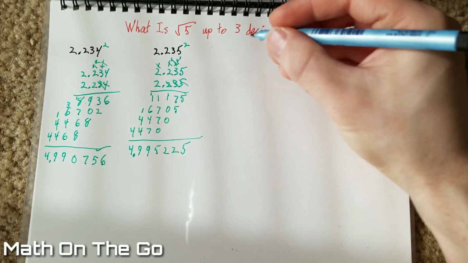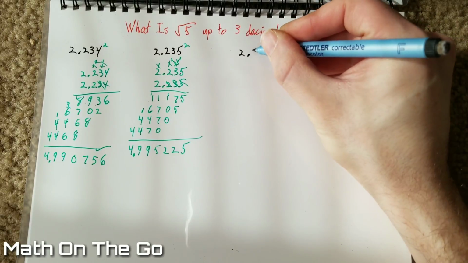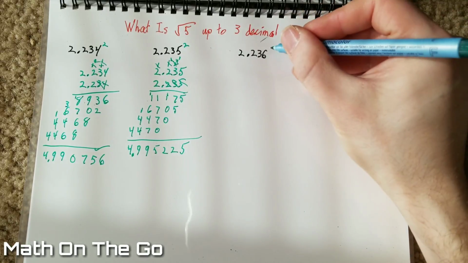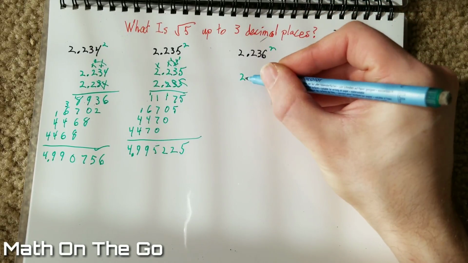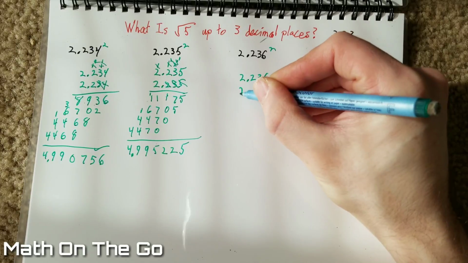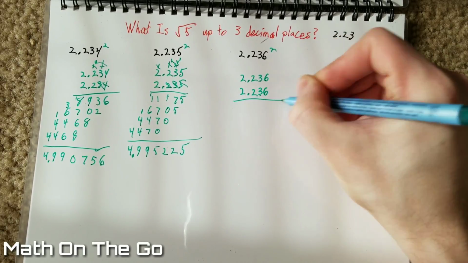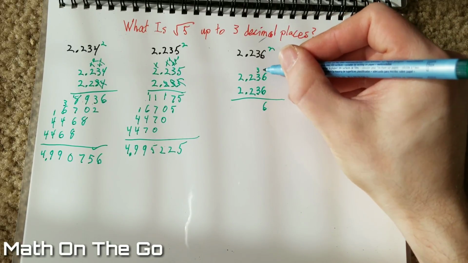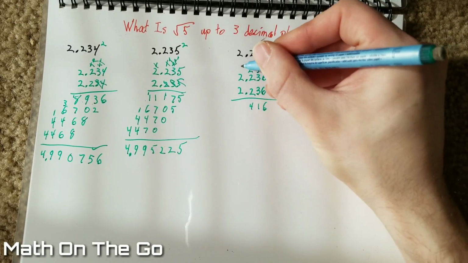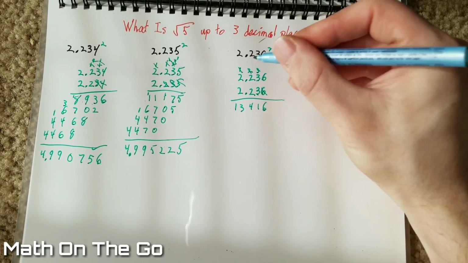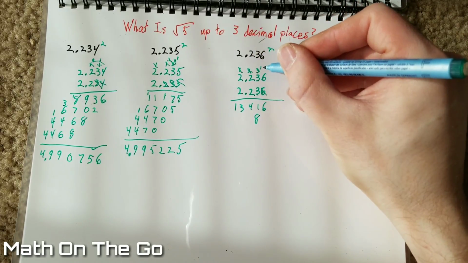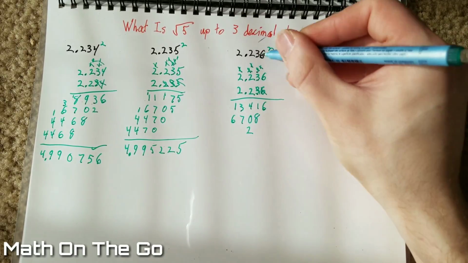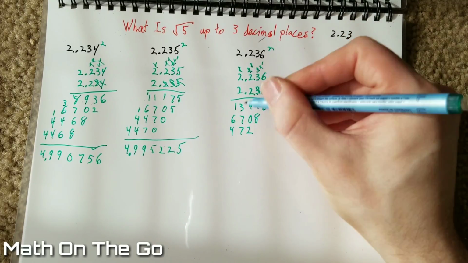Let's go with 2.236. And again, we square it. So we end up with 2.236 times 2.236. So that gives us 636. Got 12, got 6, 7, 4, got 4.